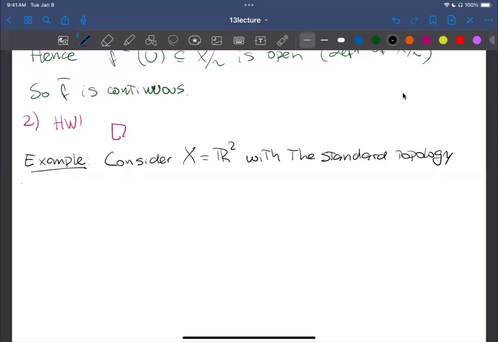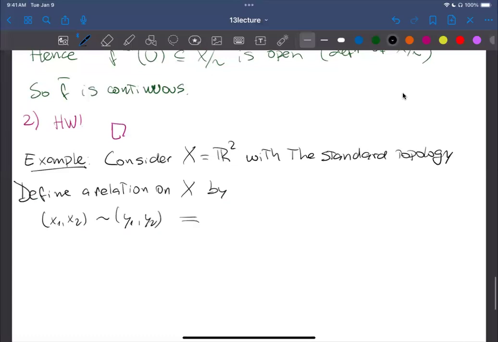We're going to define a relation. That's the second thing we need on our X by the following rule. A pair (x1, x2) is going to be related to a pair (y1, y2) if x1 squared plus x2 squared equals y1 squared plus y2 squared.